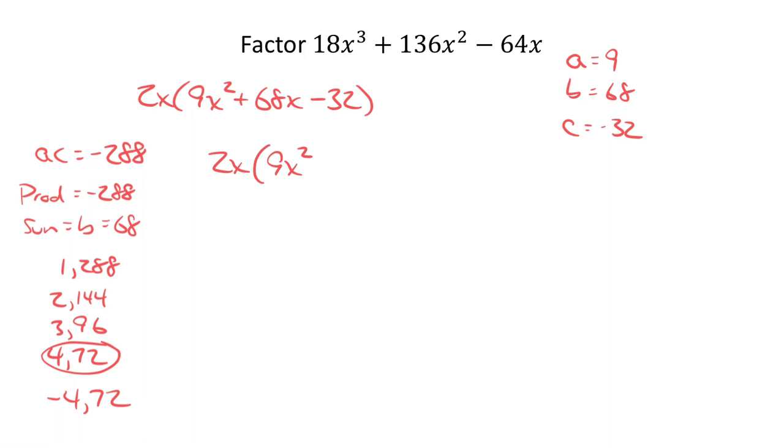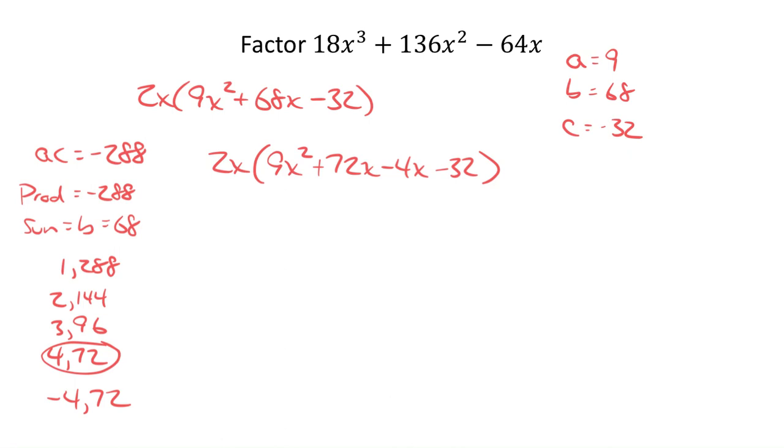Again, I could write it as minus 4x plus 72x, or I could write it as plus 72x minus 4x. I want to illustrate something here. And then we have the minus 32. Now notice the value overall is the same as it was before. 9x squared and minus 32 were still there. The 68x in the middle is now written as 72x minus 4x.